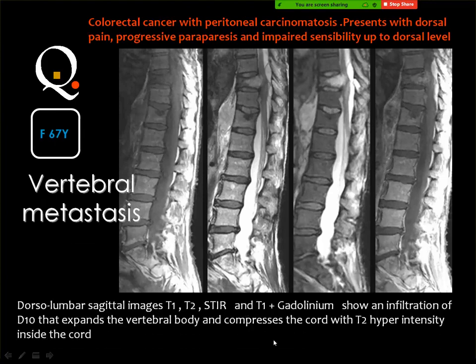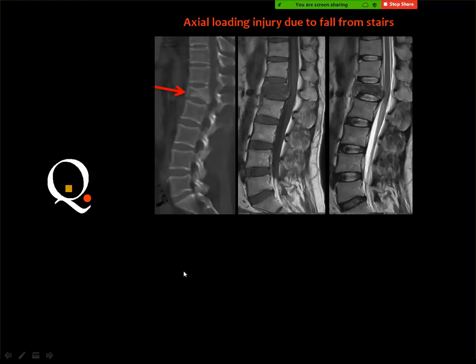Then the only differentiating point between a fracture like this one and the metastatic pathological fracture is the presence of an extraosseous enhancing soft tissue component. This is very important because many times I see in clinical practice some cases like this. This is T1 and this is T2.